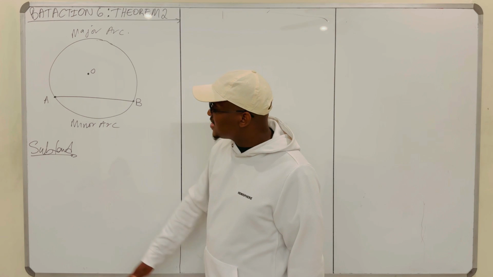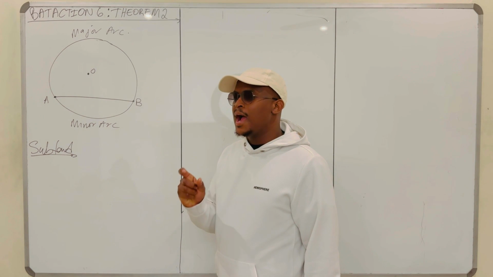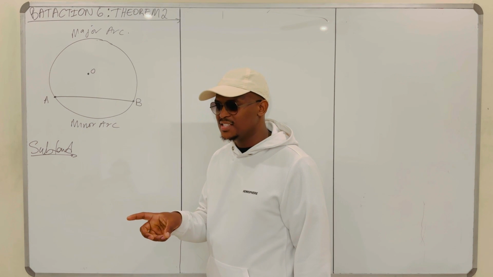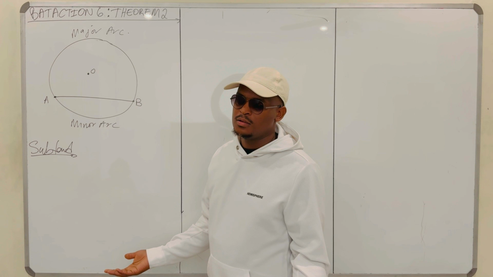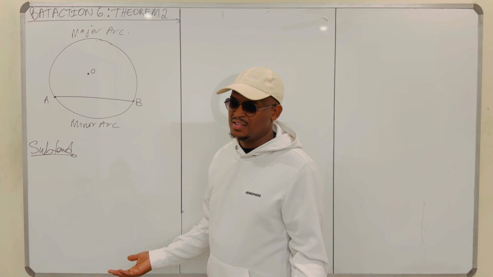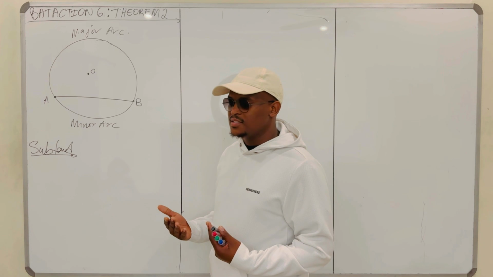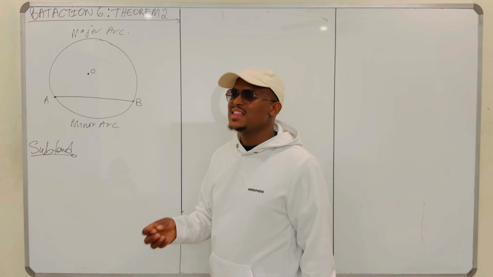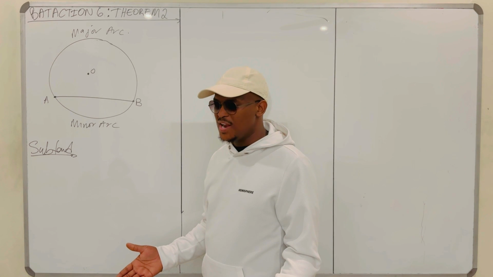When I mention the word subtend, I'm talking about an angle that is formed between 2 lines. Those lines are coming from somewhere. When I'm talking about the word subtend, I'm talking about an angle that is formed between 2 lines. Do you understand? Yes.